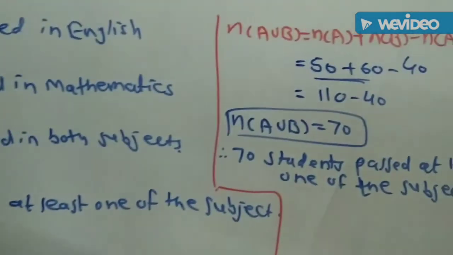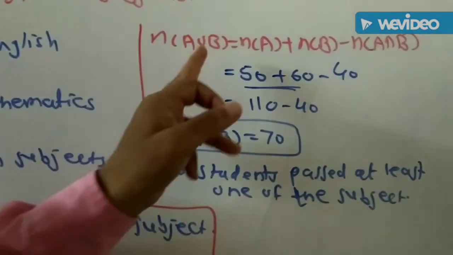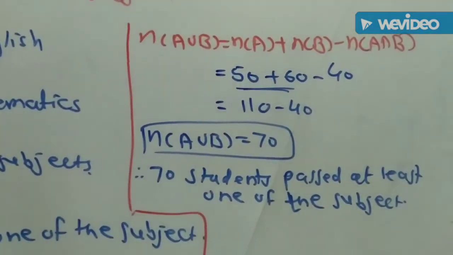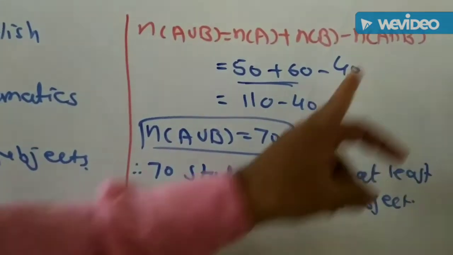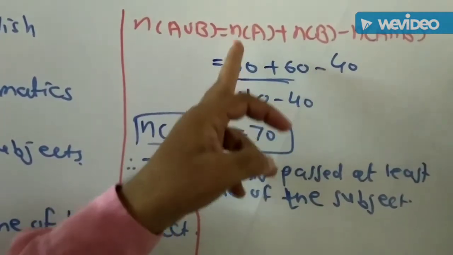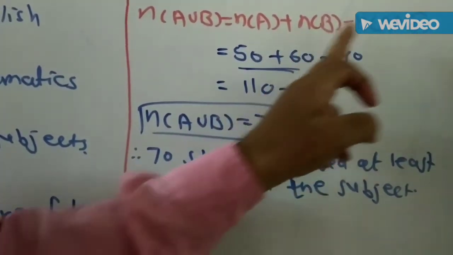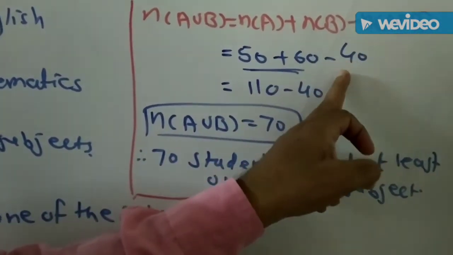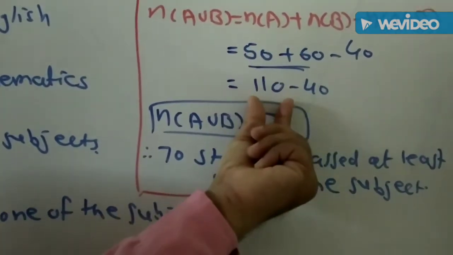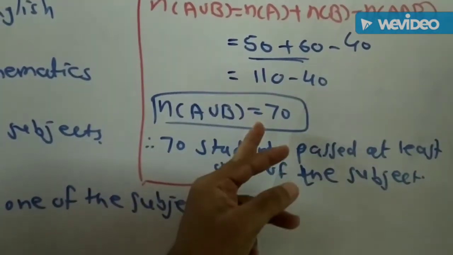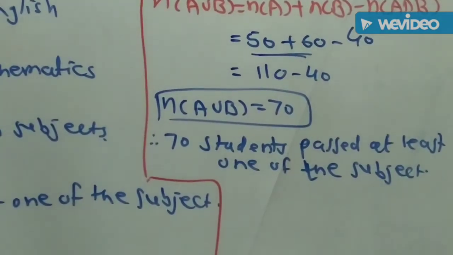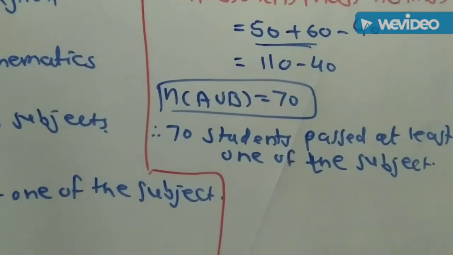For that we take the relation n(A union B) = n(A) + n(B) minus n(A intersection B). Putting values, 50 plus 60 minus 40: 50 plus 60 is 110, minus 40 is 70. That means 70 students passed at least one of the subjects.